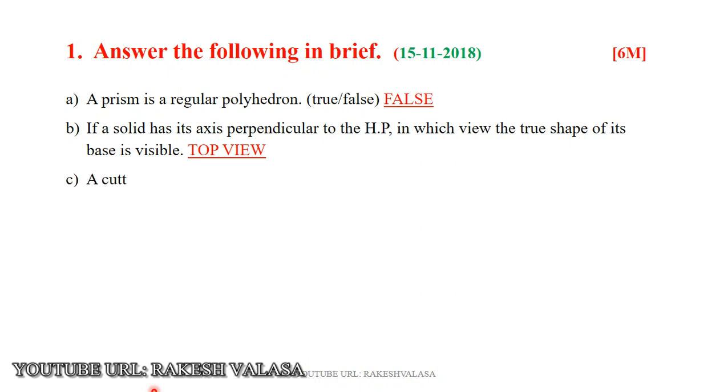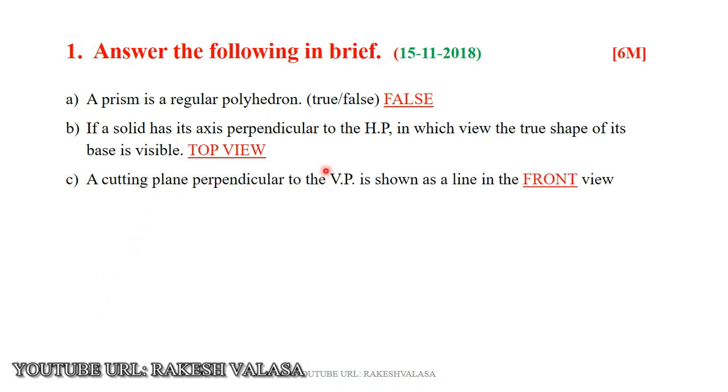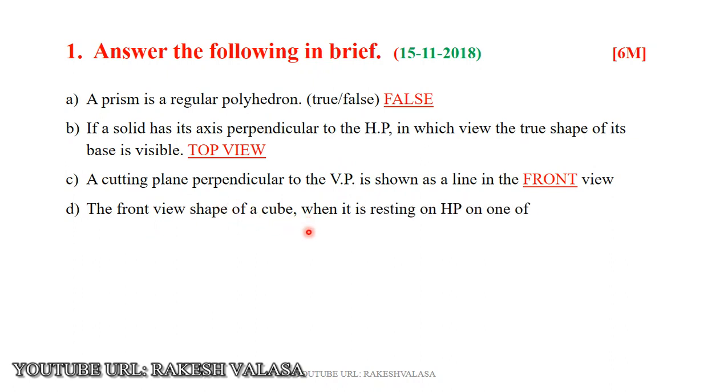Let us see question number C. A cutting plane perpendicular to the VP is shown as a line in the front view only. Question number D. The front view shape of a cube when it is resting on HP on one of its faces and another face is parallel to VP is a square.